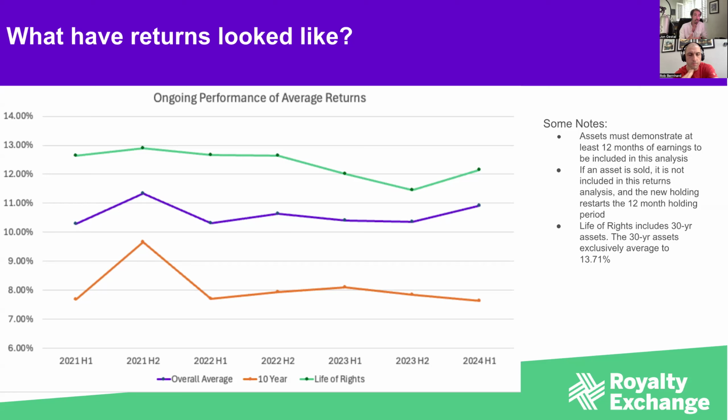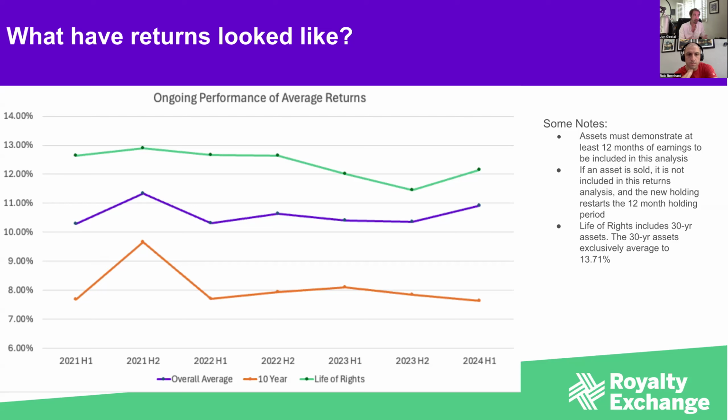What does this mean for royalties generally? Well, the way that I look at it, since we have a 12-month lag on this earnings update data, this is really indicative of how investors were valuing and analyzing royalty assets a year ago. And as I'm sure many of you are aware, a year ago was when we started to see the big interest rate hikes in the US.